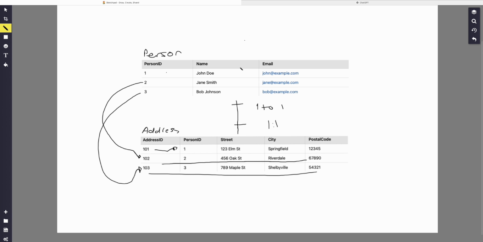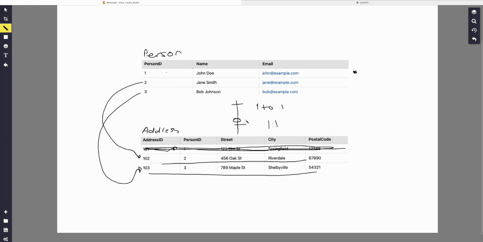Okay. So if we had the participation as optional here, what that would mean is that if John Doe didn't have an address and he didn't want to tell them about his address, there's an instance here where John Doe might not actually have an address at all, which means that his information wouldn't even be included in this other table. Okay, but there'd still be that relationship there where some of these people up here would still be included in this table.